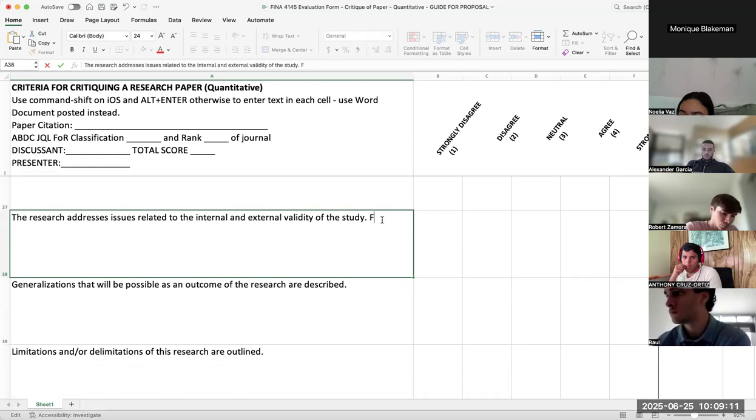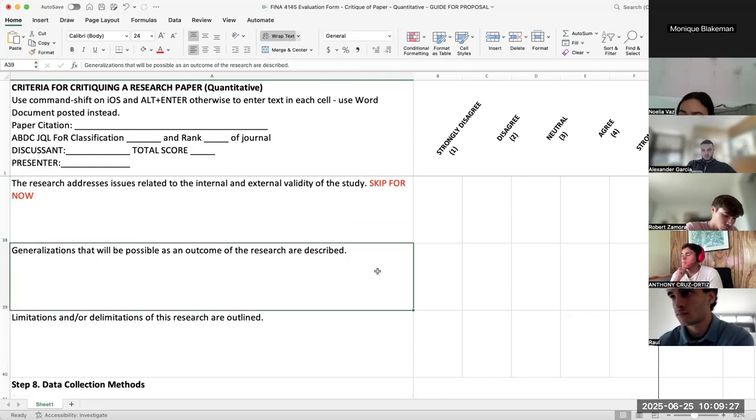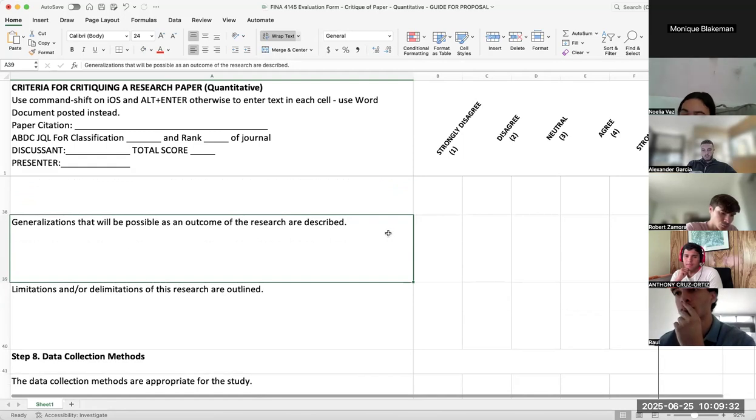We'll talk about that. Skip this for now because this is more related to design. See if it fits for the final paper. And then I'm not going to say not applicable because it might come back and haunt you.